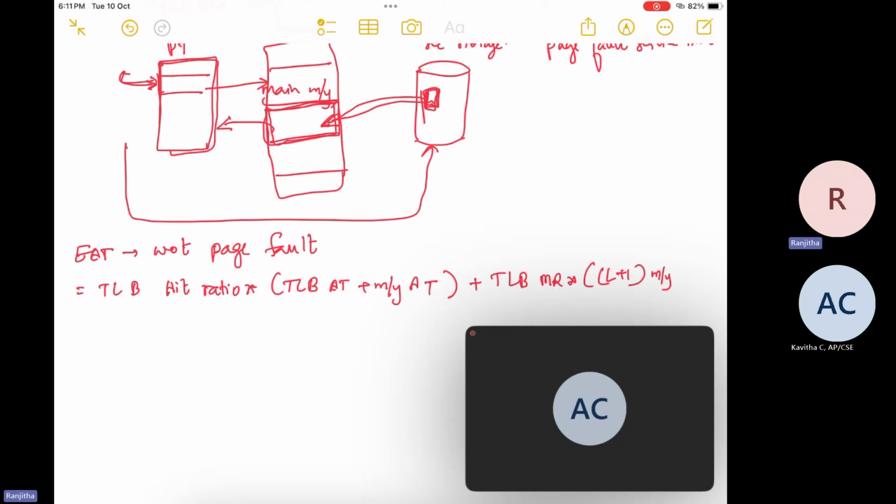So if it's single level paging, L will be 1. If it is double level paging, L will be 2. Like that.